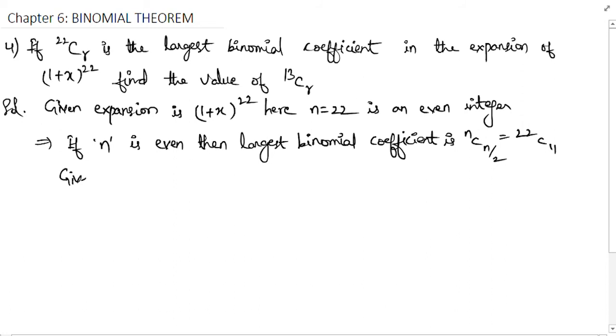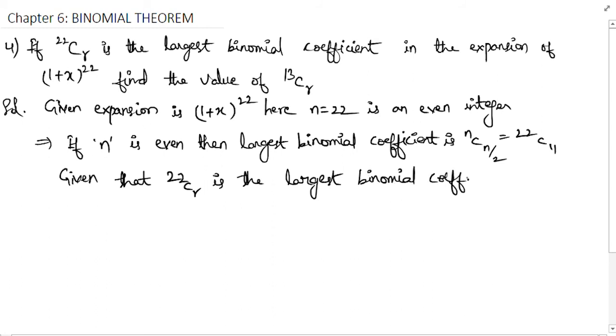So given that 22CR is the largest binomial coefficient, right? It is given. So in (1 plus x) whole power 22, that implies 22C11 is equal to 22CR.